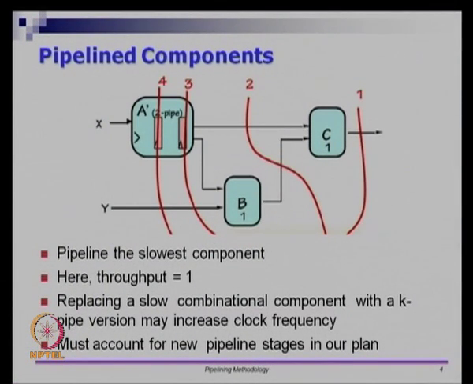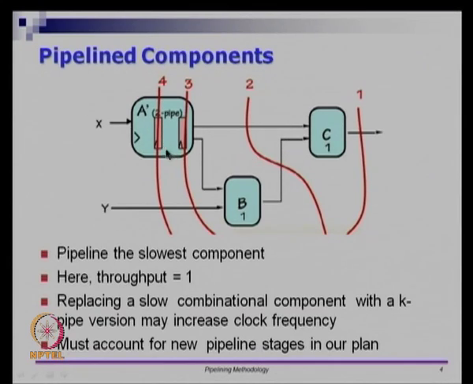So, the pipeline components, for some reason, if we take the slowest component. The other example that I had was this one, where A had 2 time units delay, B had 1 time unit delay and C had 1 time unit delay. That is another circuit that I showed in the last video.